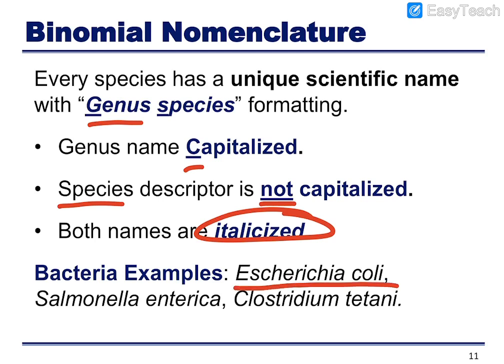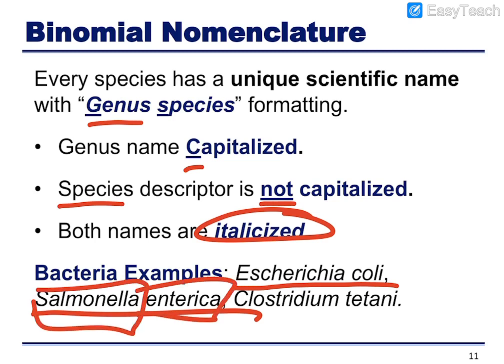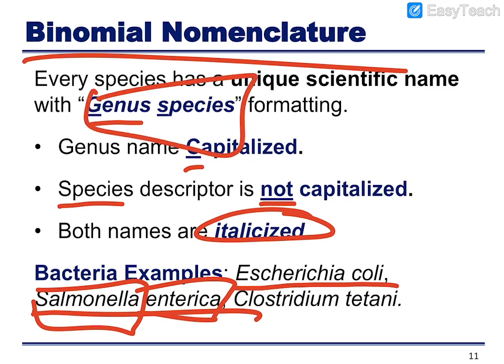Here's an example right here of E. coli. There is also an example here of Salmonella enterica, Salmonella being the genus and enterica being the species. Every living being that has been discovered on this planet will have a binomial nomenclature name with a genus and species.